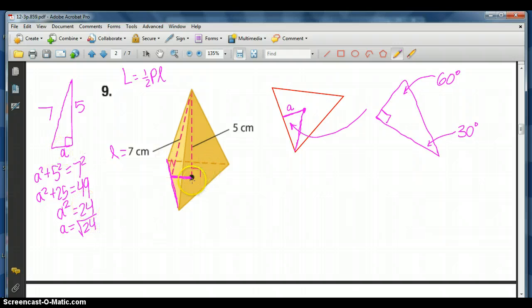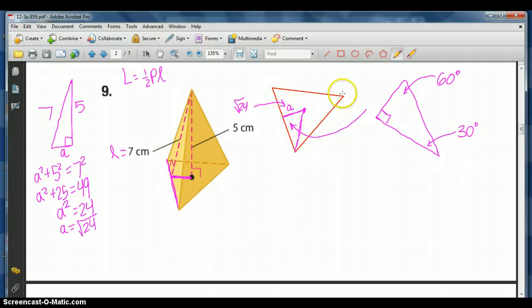So A, which is the distance from the center to the edge of the base, is the square root of 24. So here's my base, and I know that my apothem is the square root of 24. But I need to find this length, which would be half the length of a side of the base.